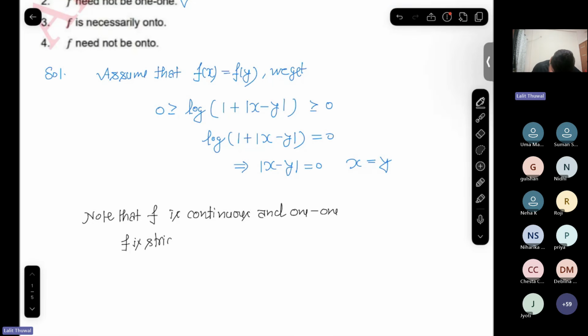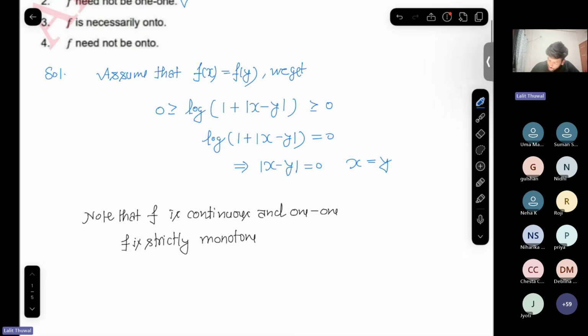So limits must exist, right? I mean to say they might exist infinitely, but they exist. So it might be possible that the limit as x tends to infinity is infinity, the limit as x tends to minus infinity is minus infinity, but it will not be oscillating because the function is strictly monotone.